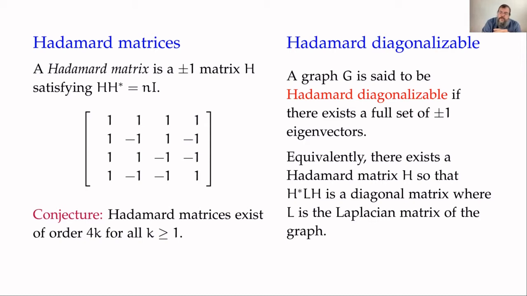Another way to say it is there's a Hadamard matrix H such that H* times the Laplacian matrix L times H is a diagonal matrix. And recall the Laplacian matrix of a graph is the matrix which has the degrees on the diagonal, and then the off diagonals are 0 for non-edges, -1 for edges. So that's Hadamard diagonalizable.